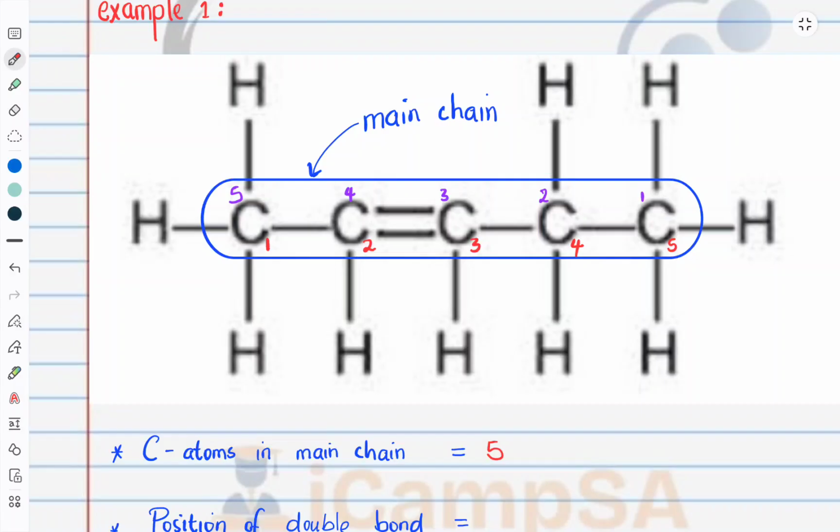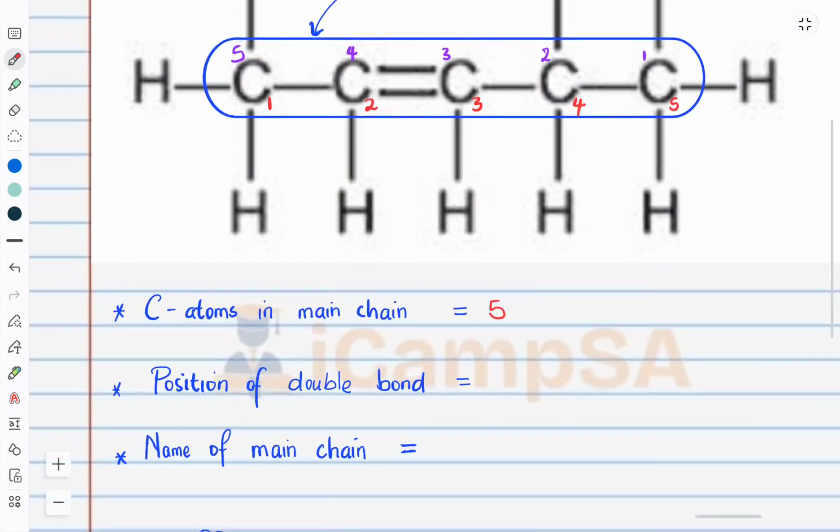So I have to choose the side that allows me to have the least number possible, the side nearest to the double bond. So in this case, I choose left to right. Why? Because the double bond is on carbon number 2, whereas numbering from right to left it was going to be on number 3. So we choose that one.